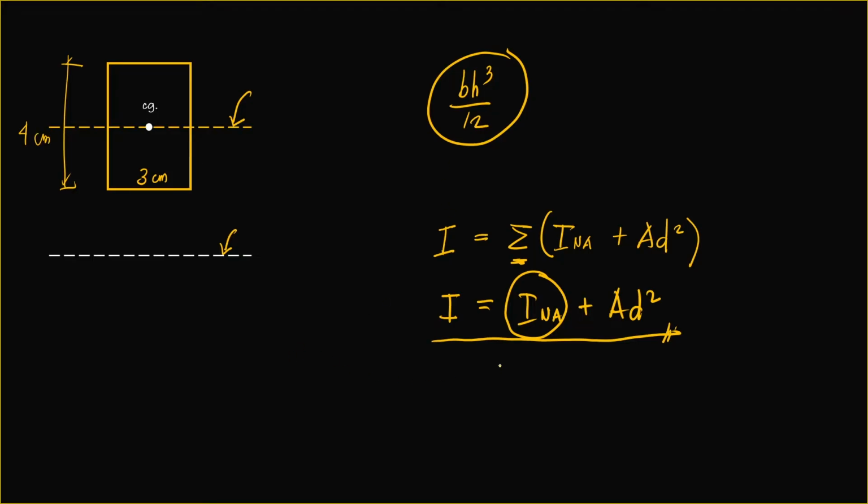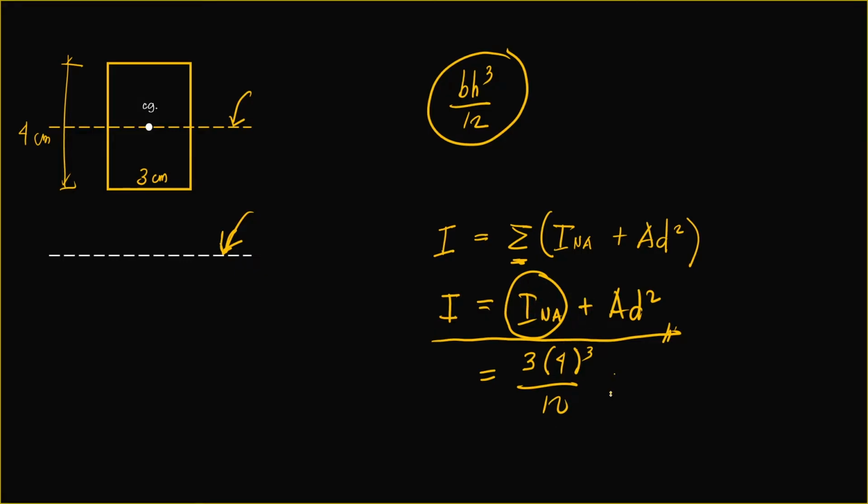If you are trying to solve for the moment of inertia with respect to this axis right here, we use our formula again. First we need to find I_NA, and the formula for the moment of inertia with respect to the centroidal axis is BH cubed over 12. Your B is 3 and your height is 4, so 3 times 4 cubed over 12. That is your I_NA.